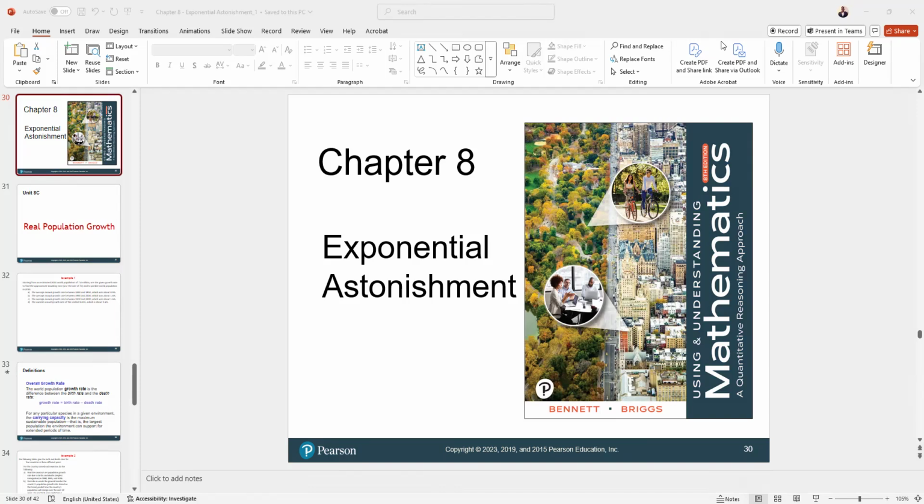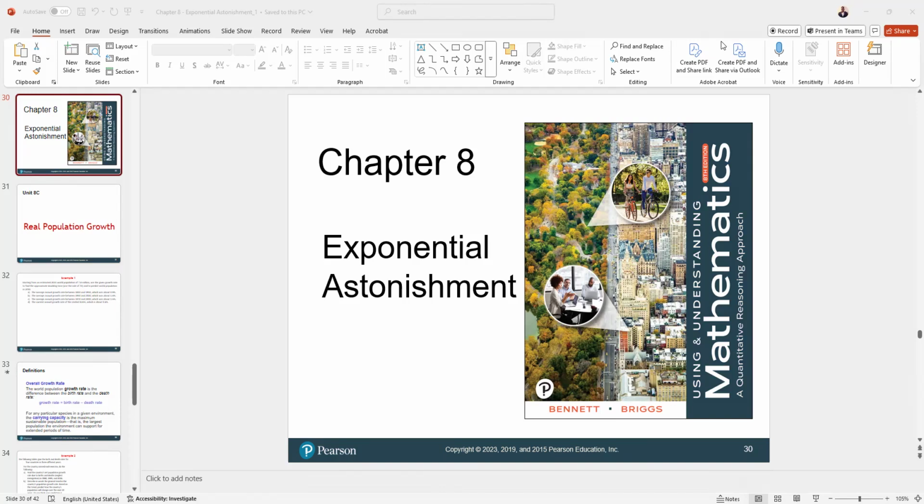In this video, we're going to take a look at section 8.3, or 8C, or unit 8C, real population growth. In the previous video on this chapter, if for any reason you missed it, unit A, we went over linear growth versus exponential growth.